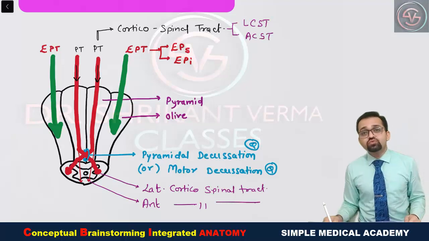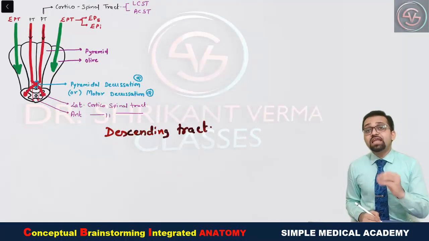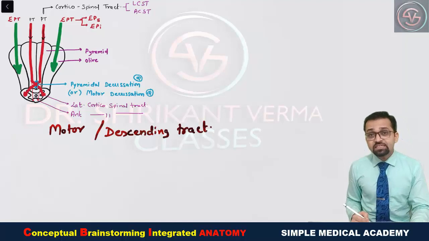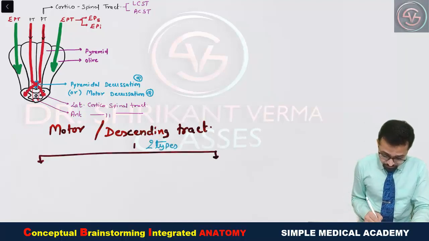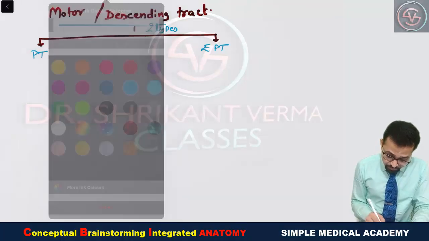We are going to see all these things in detail. So what is the classification of the motor tract, or descending tract, or you can say efferent tract? It is of two types, pyramidal tract and extrapyramidal tract. The pyramidal tract is of two types.